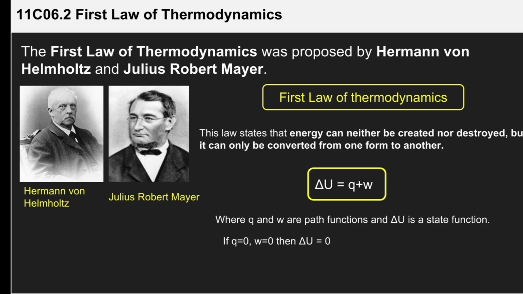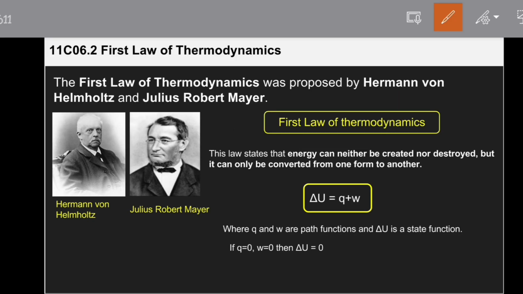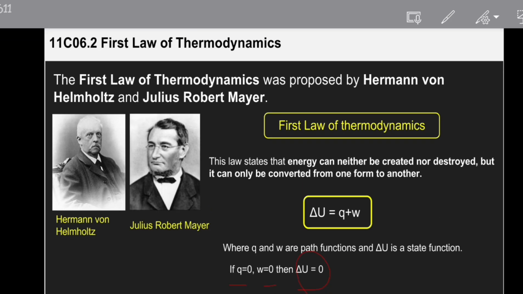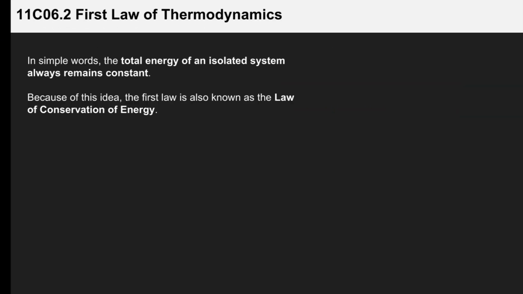We have just read that the internal energy of any system can be changed through heat exchange or work done. If we do not exchange heat and do not do any work on the system, there will be no change in the system's internal energy. Since an isolated system does not interact with its surroundings, the total energy of an isolated system always remains constant.